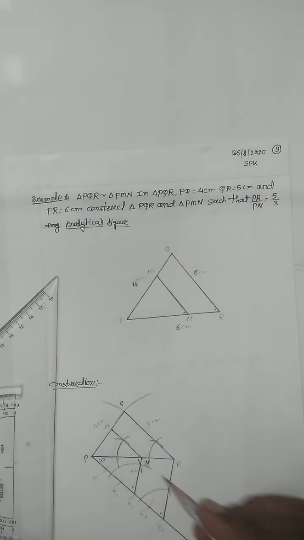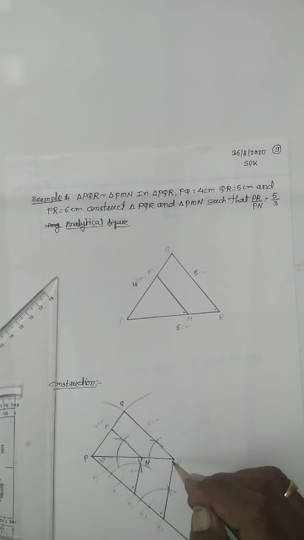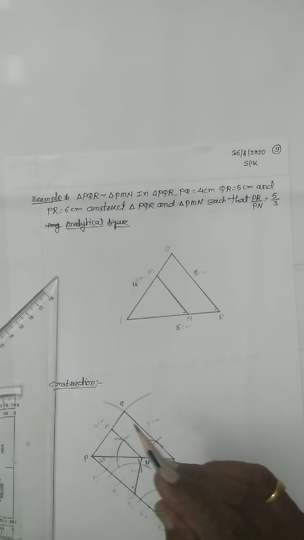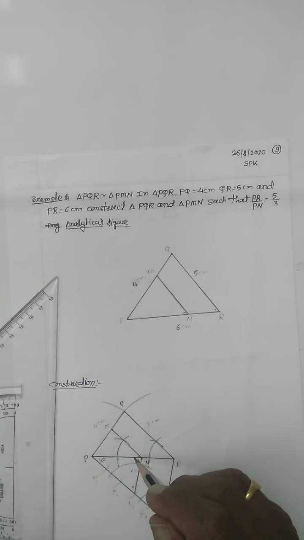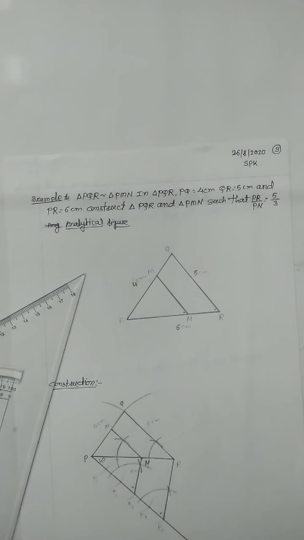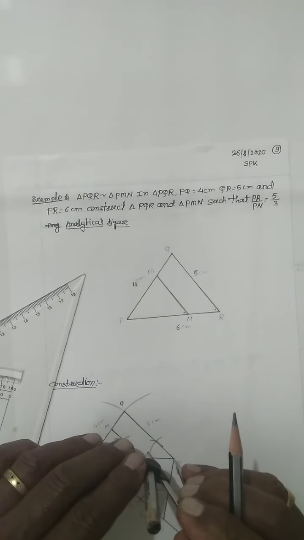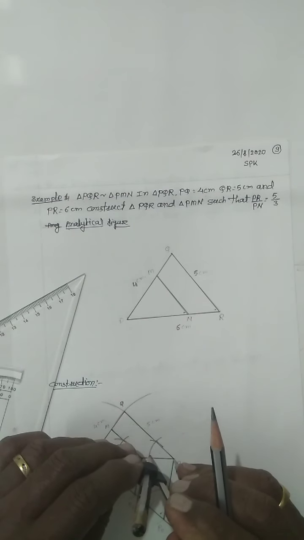Then again draw an angle at this point N, which is the same as the angle at point R. Means we draw this angle congruent to the angle PRQ, the same angle at point N. For that we take some distance between the terminals of the compass and draw the arc.